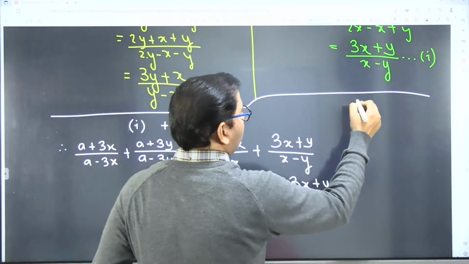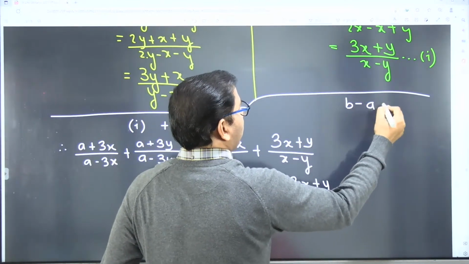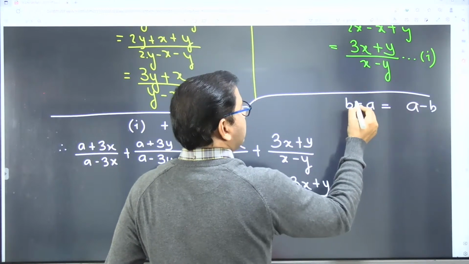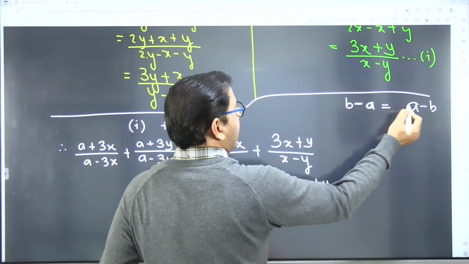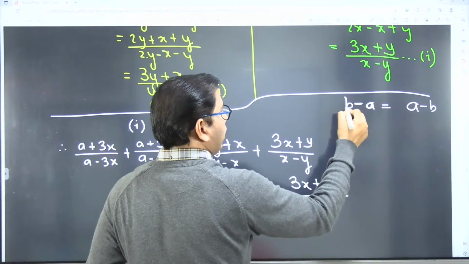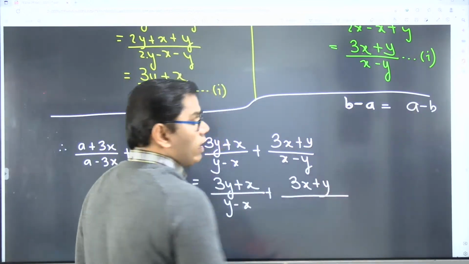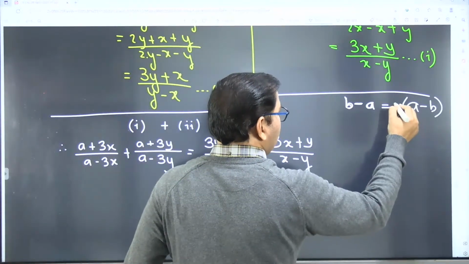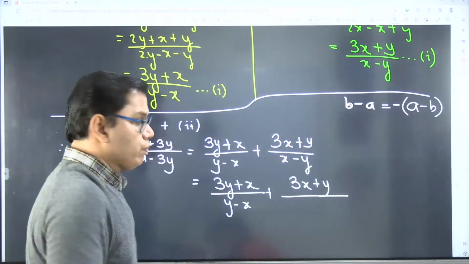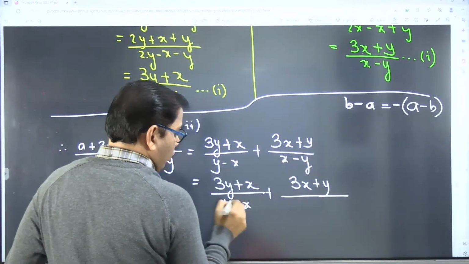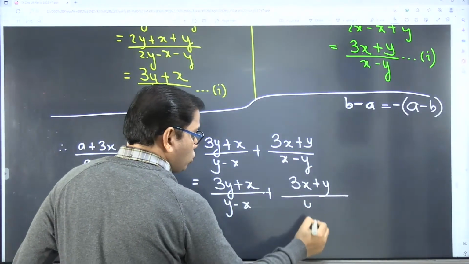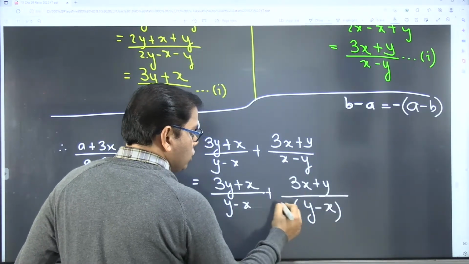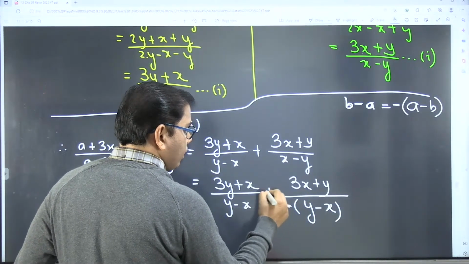Do you remember, if you want to write b minus a as a minus b, how do you do that? It is not equal, because on the left hand side b is positive, while on the right hand side b is negative. So what you do is put a bracket and put a minus sign. So x minus y, this is y minus x. To equalize the denominator, I am converting this to y minus x, so I have to take this minus sign.